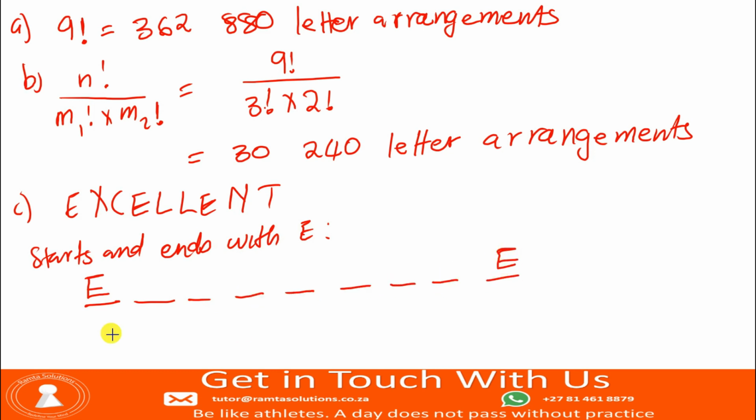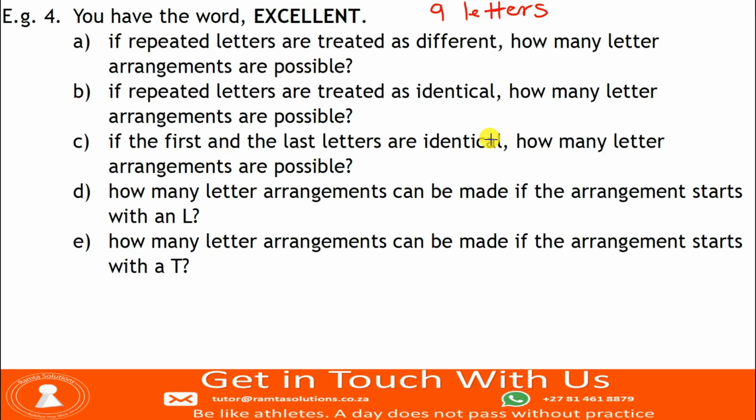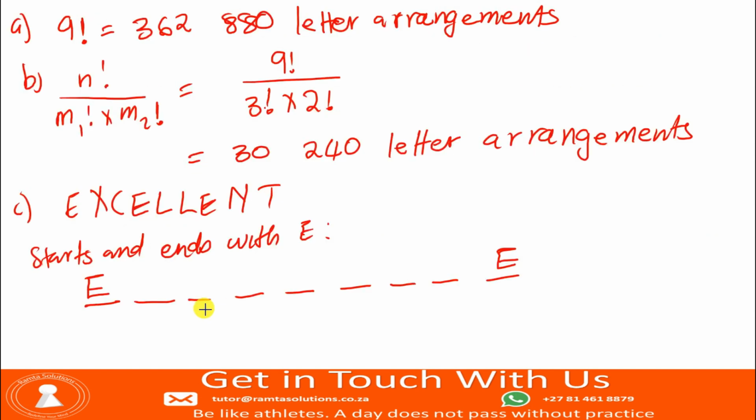And then this is another E. The first and the last letters are identical. Remember, now that you cannot consider this E and this E, they are already out. So that means you have 7 to work with.